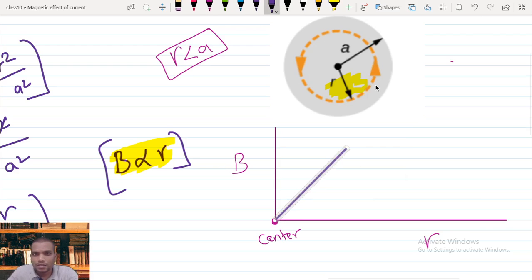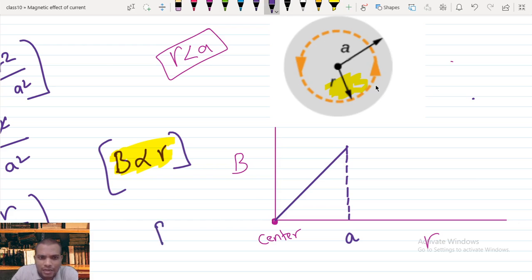This is at the edge, at radius a. From the center up to the edge, the magnetic field is directly proportional to the radius. And after that, from the radius going away, what happens?